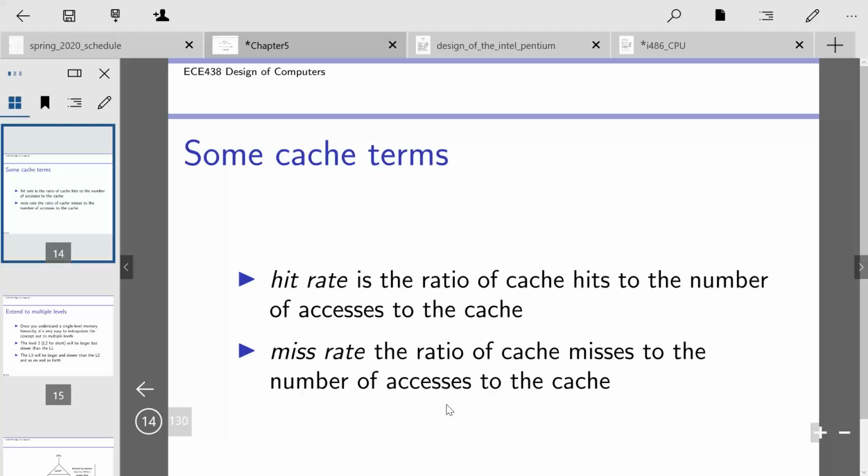These are important metrics, and we're going to talk quite a bit about hit rate and miss rate as time goes on. And of course, our goal is to design a well-designed memory hierarchy that reduces the miss rate. Now, there's another concept called a miss penalty, and we'll talk about that. It's always a balancing act between miss rate and miss penalty.